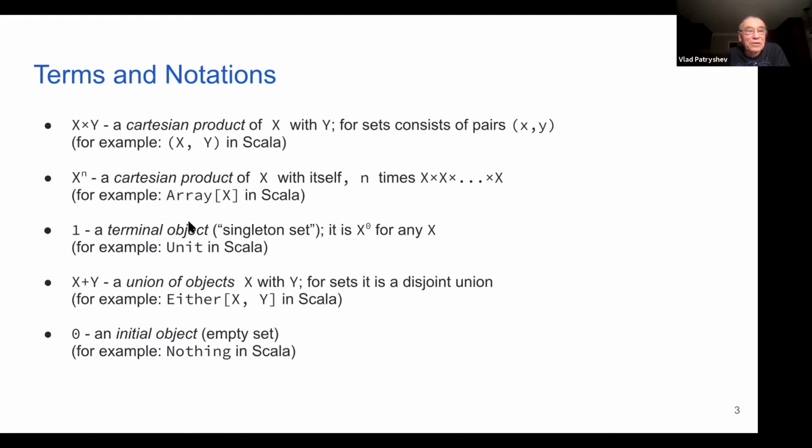X plus Y is a union of objects, a disjoint sum of object X with object Y. In sets, it's just a disjoint union. In Scala, you can model it by using Either. 0 is a notation for an initial object, the empty set in set theory. In Scala, it's Nothing. You can also use null for that, but no. Okay, 0, initial object, Nothing.